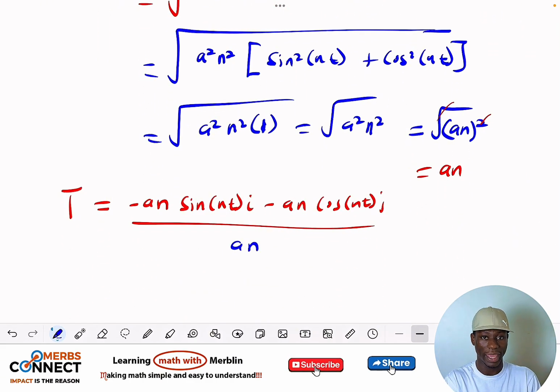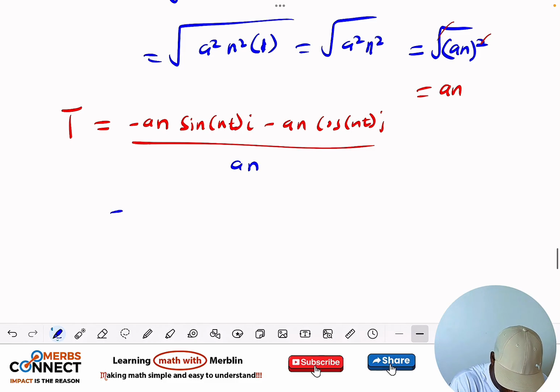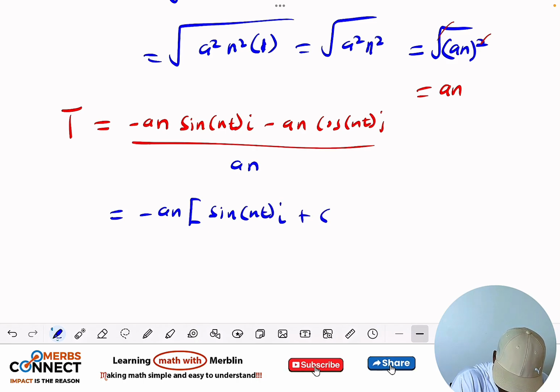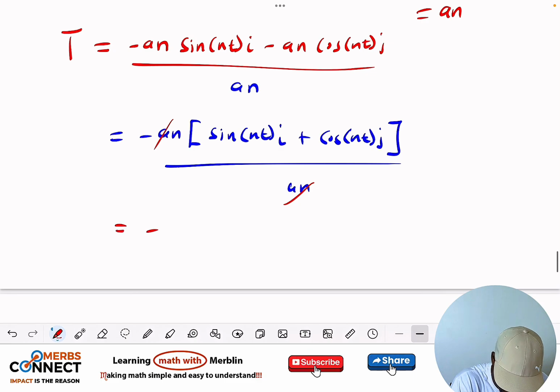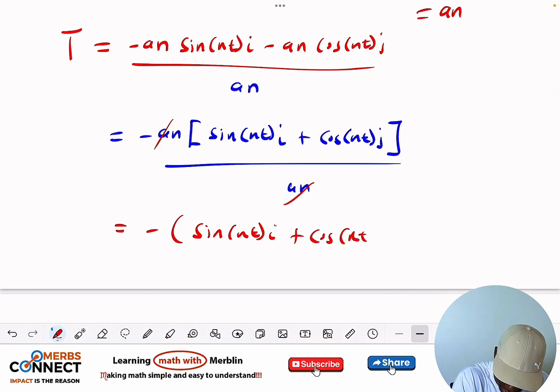Since I have an on the top, I can factor minus an out, and I'm going to have sine nt i plus cos nt j divided by an, and then an cancels an. So I'm going to have something like this: minus, in brackets, sine nt i plus cos nt j.